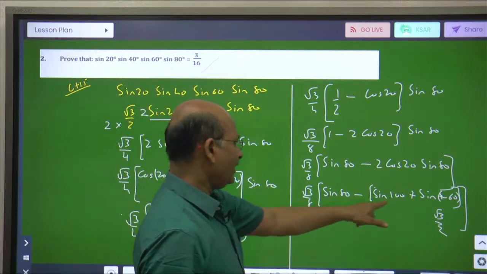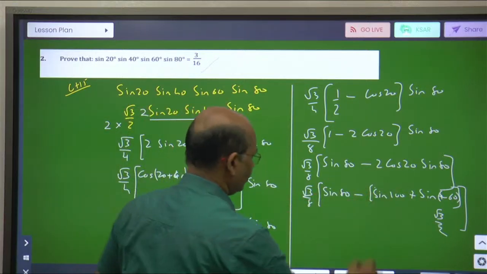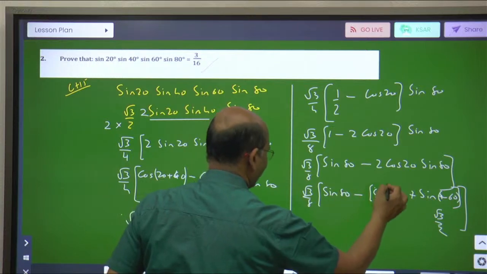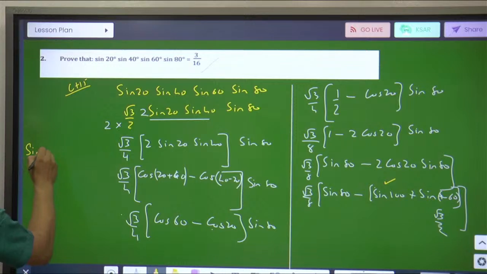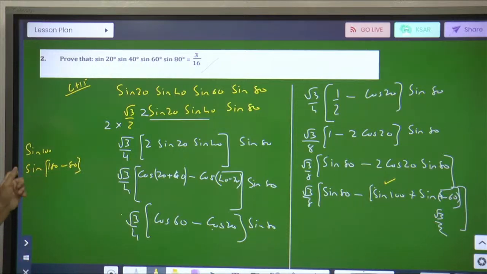Okay, sin 80 and sin 100, why it cancels, I will tell you. You take any ratio. So suppose if I take sin 100. Now sin 100 I can write as sin of 180 minus 80. So 180 and 360, the ratio remains the same. Right? So sin 180 minus theta is sin theta, and the second quadrant, so second quadrant it is positive.